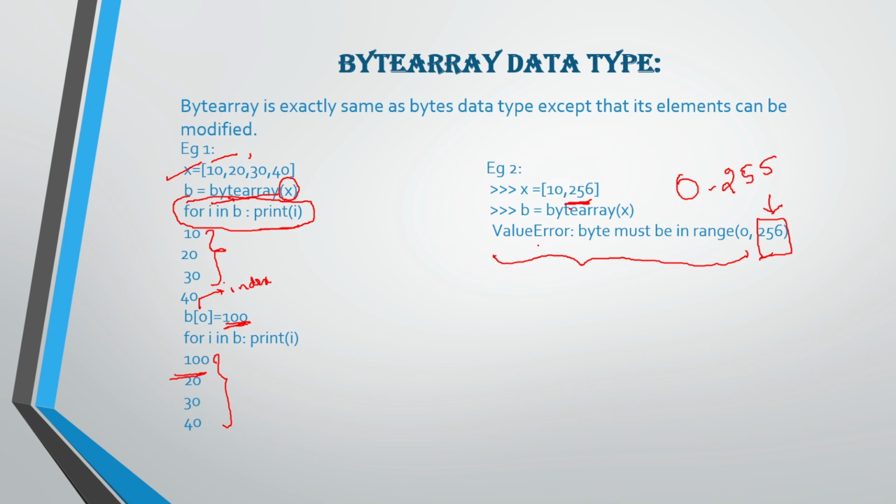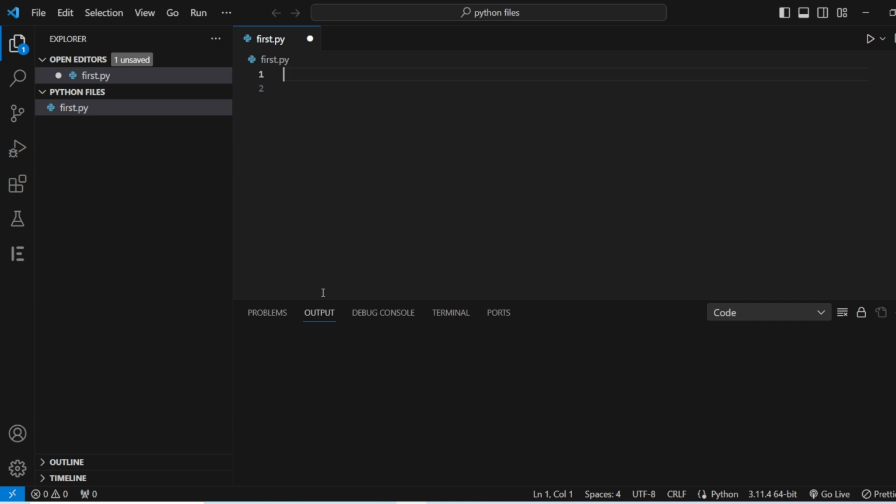Let us see these examples in Visual Studio Code. First of all, x equals, we are going to use the array here. Here we had 10, 20, 30, 40. Then next we had b equals bytearray of x.